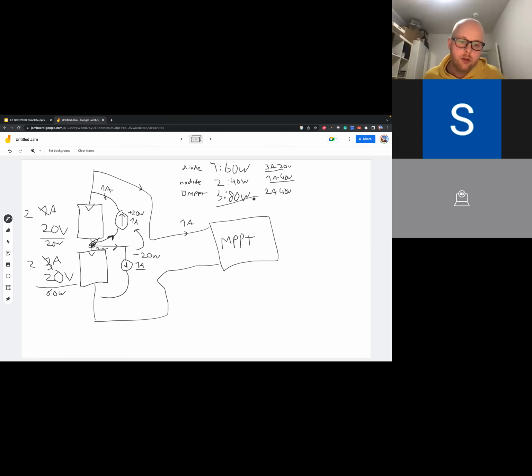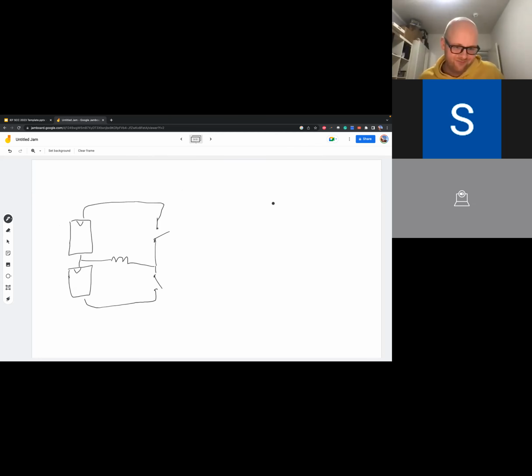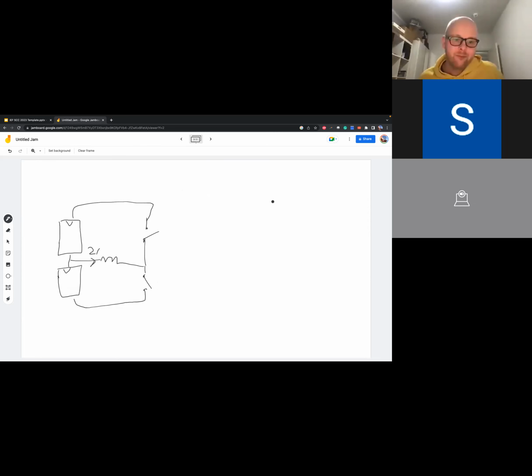Let's see, how do I draw this? Yeah, we have the 1 amp here as well. So what we do is, how much time do we have left? Not much, right? Well, basically it's making it like this. These are average currents.